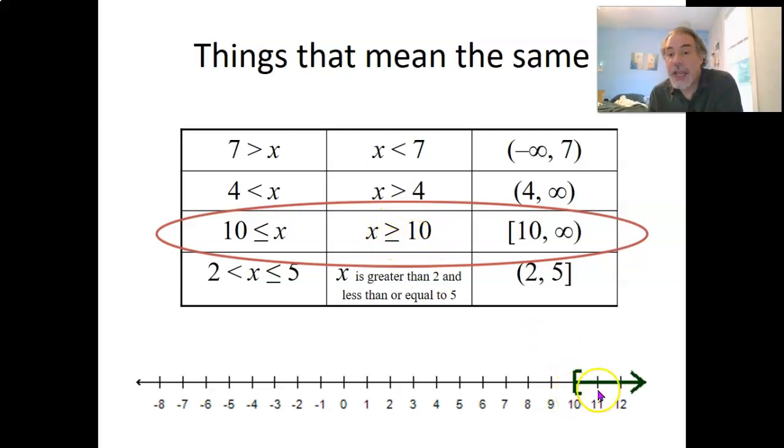So we're including 10 as well as all the numbers that are greater than 10, like 11 or 12 or a million. So that would be the interval from 10 to infinity. And notice I've got a square bracket by the 10 in the interval notation and also in the graph. And that's to show that 10 is included. We are including the number 10 as one of the things that X could equal.